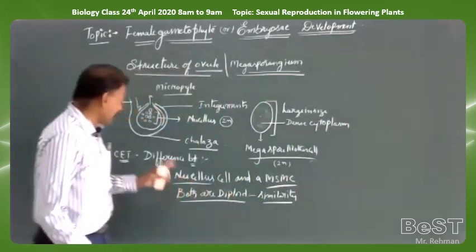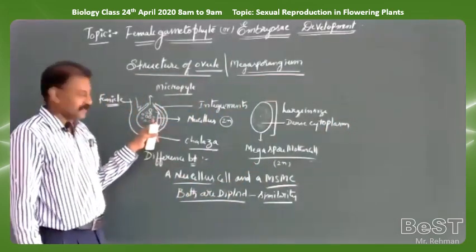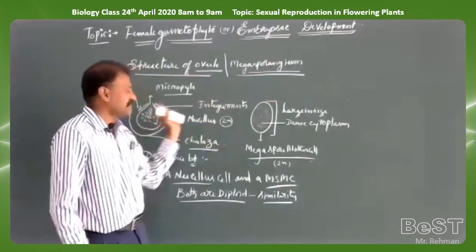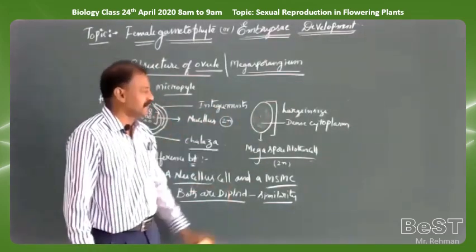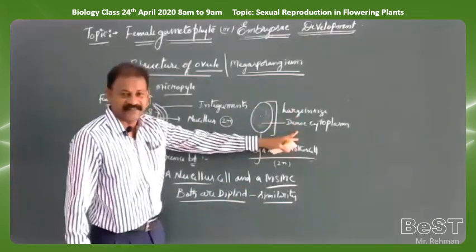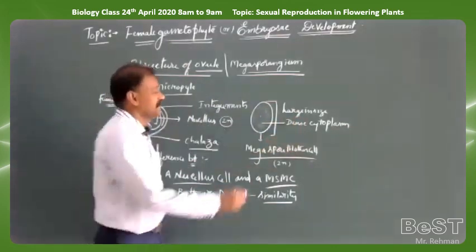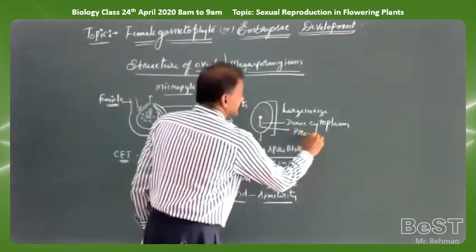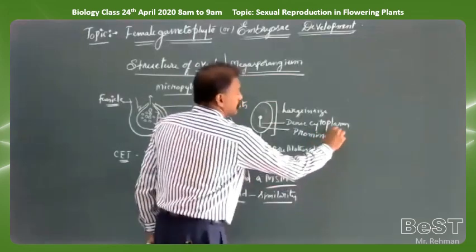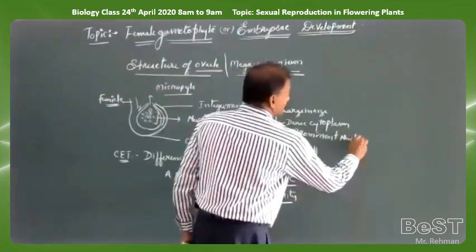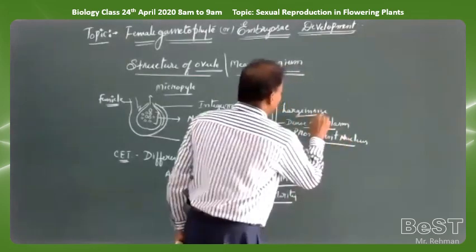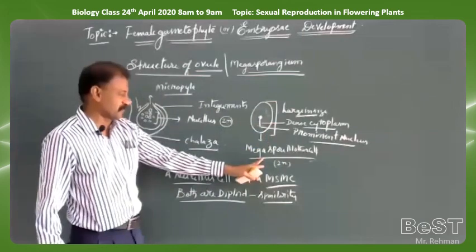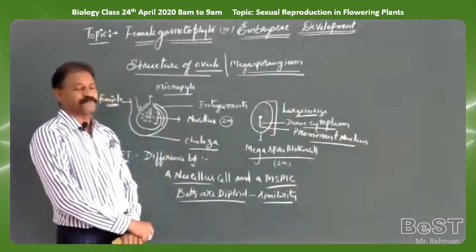So, when compared to a nucellus cell, a megaspore mother cell which is differentiated, transformed, is large in size, has dense cytoplasm, and has a prominent nucleus. So these are the three differentiating characters between a megaspore mother cell and a nucellus cell.